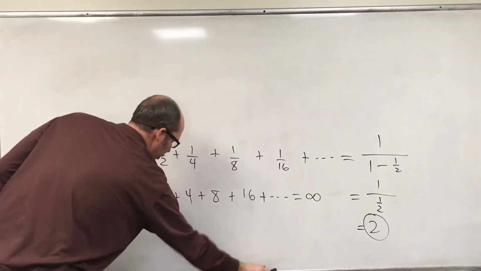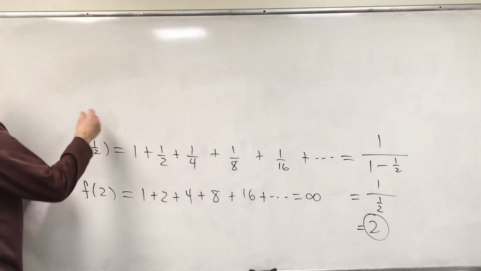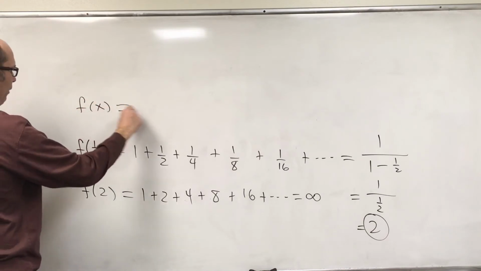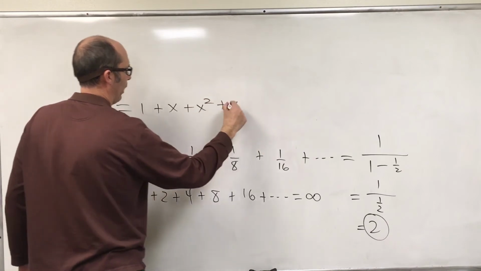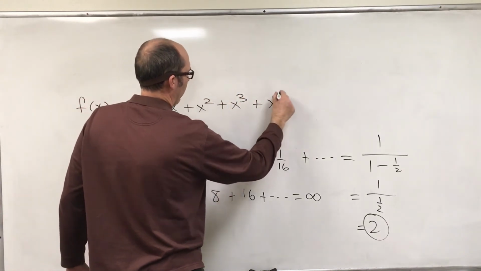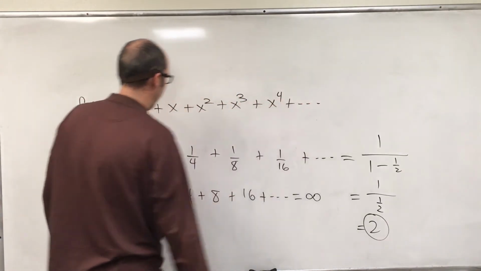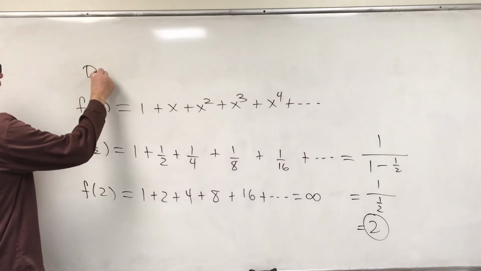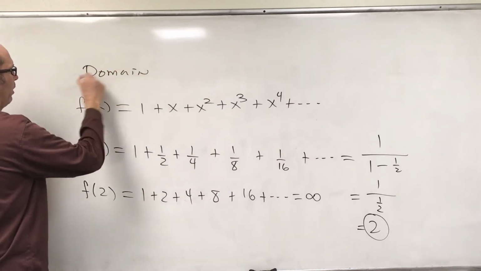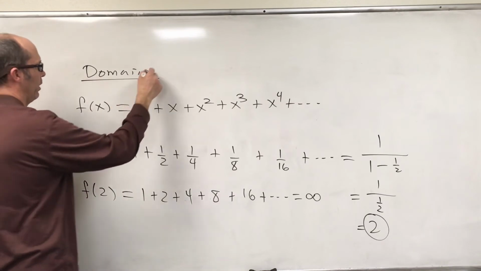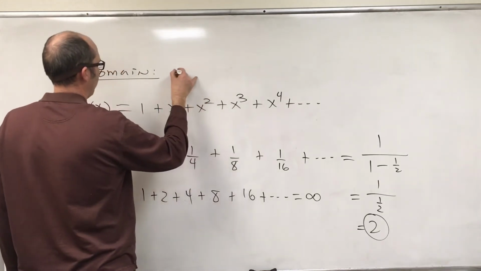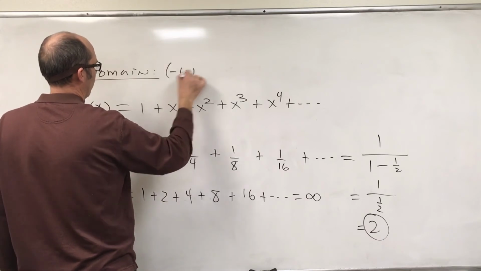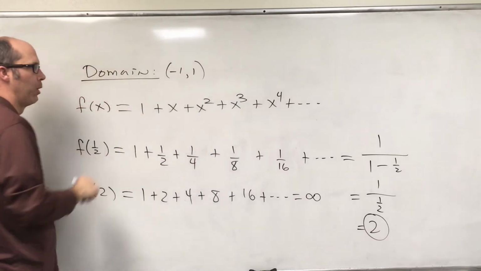Okay, so the domain of our function, f of x equals 1 plus x squared plus x cubed plus x to the 4th, and so on, our domain for this function, this infinitely long polynomial, is the interval from -1 to 1.